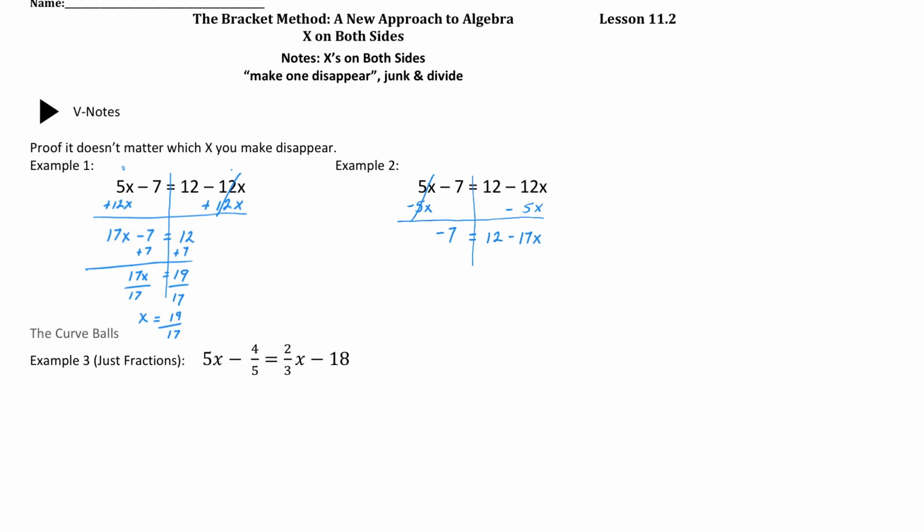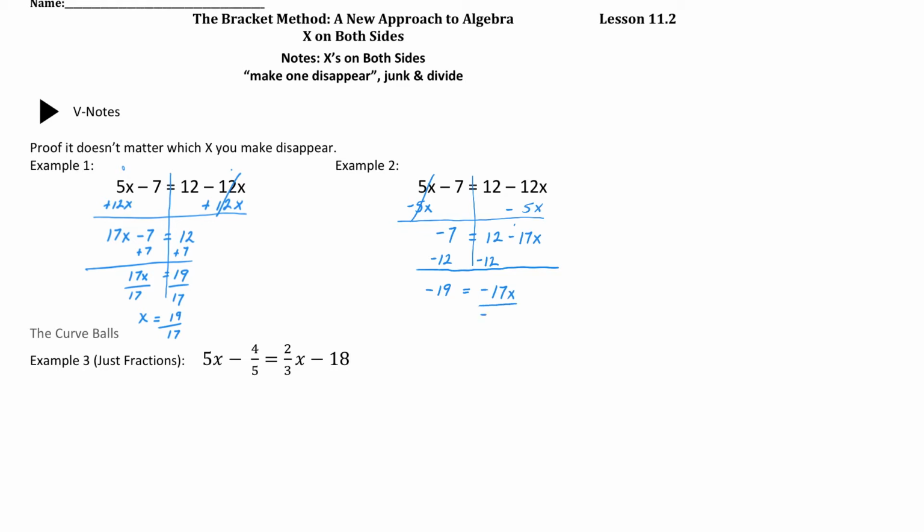Now, the x is on the right side of the wall, so we're going to get rid of the junk, which is the 12. We get negative 19 equals negative 17x. And when you look at the other side of the other example, you'll notice that the signs are exactly the opposite, but it ends up working out.